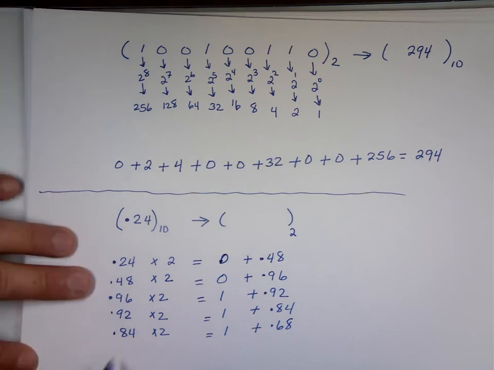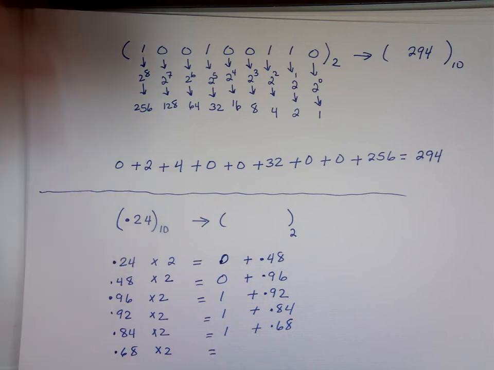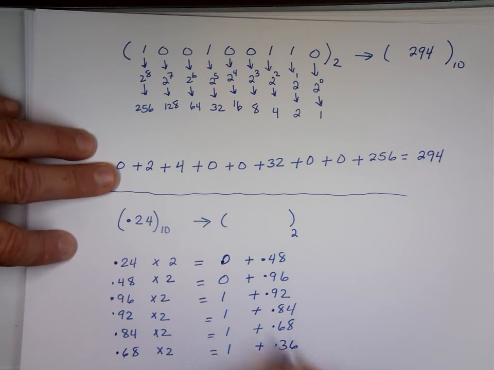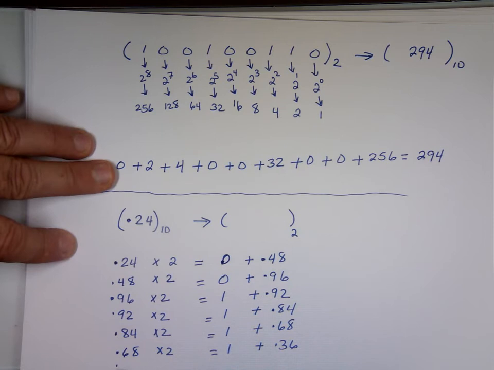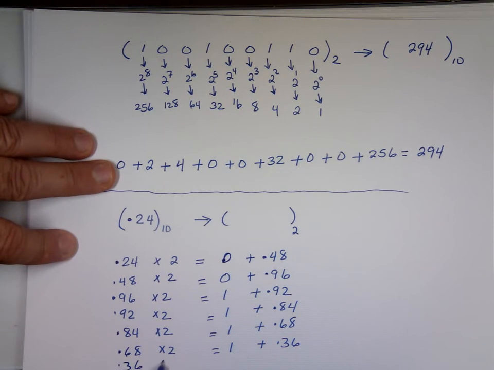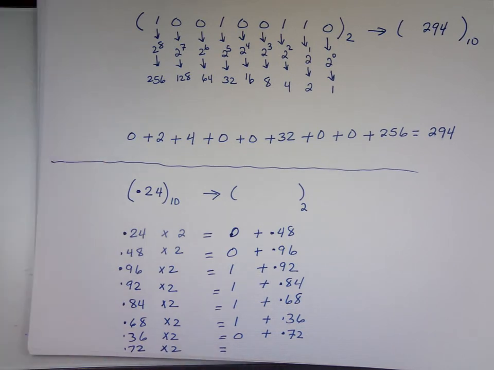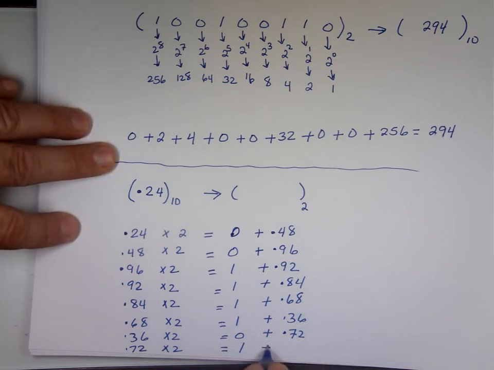So now we take the 0.68 and we multiply it by 2. 1.36, 1 plus 0.36. 0.36 times 2, 0.72, right? 0.72 times 2, 1.44, and it keeps going.